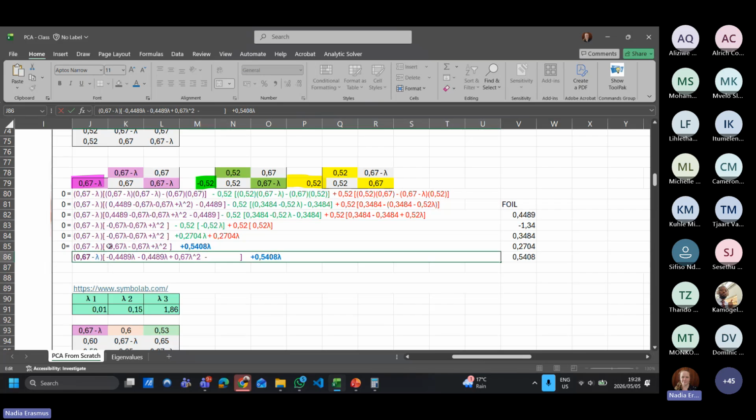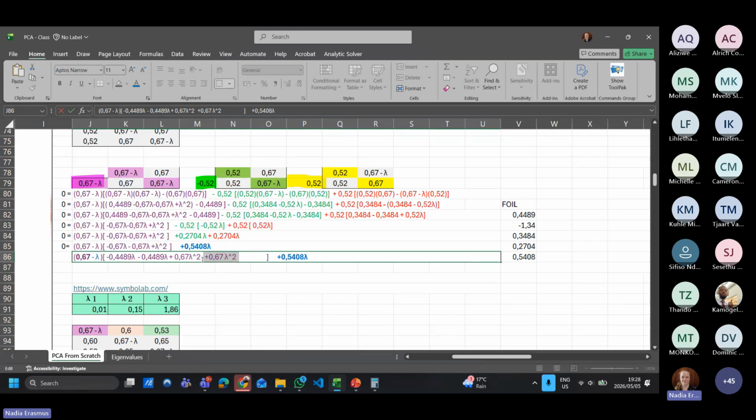We're going to have minus lambda times 0.67 lambda, so it's going to be positive 0.67 lambda squared. Okay, so it's going to be lambda squared.